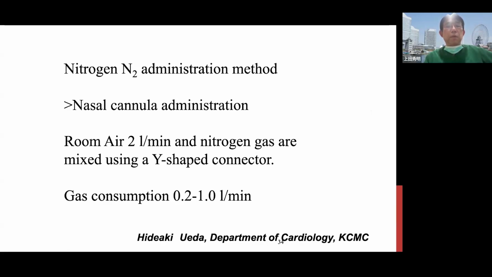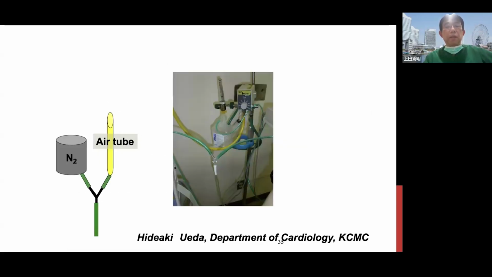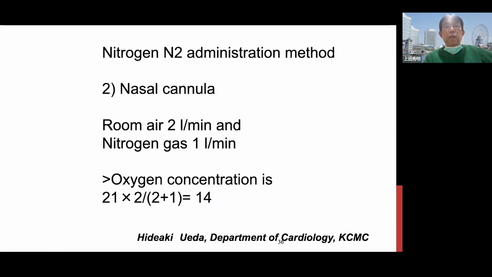For example, if you use room air at 2 liters per minute plus nitrogen gas at 1 liter per minute using a Y-shaped connector, with this combination the oxygen concentration drops to 14 percent.